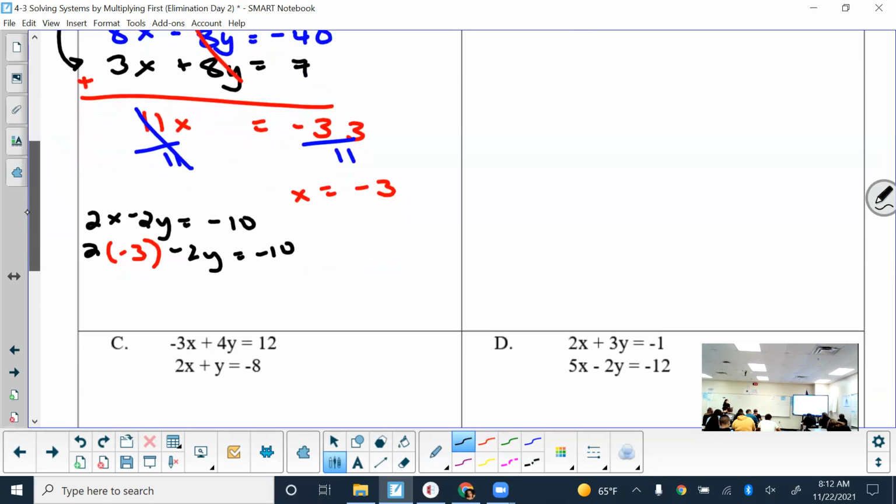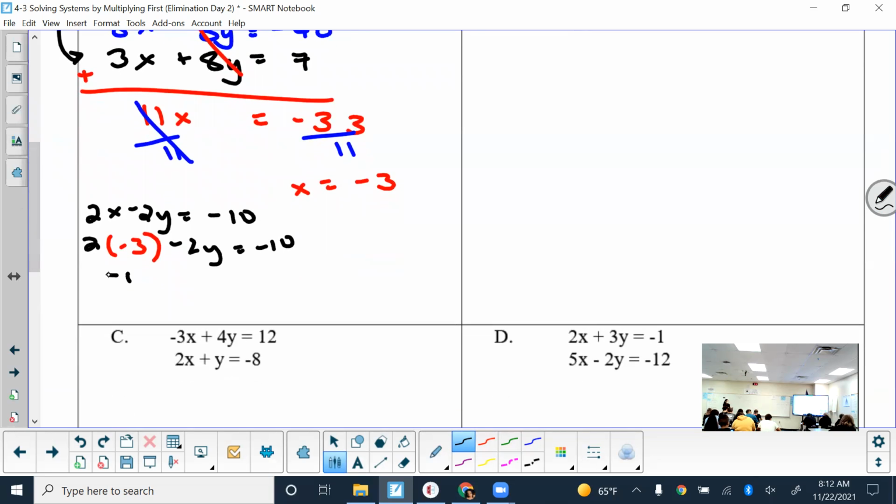So what's 2 times negative 3? Good, bring everything else down. And solving for y, you have to get rid of what's farther. So how do I cancel out this negative 6? Good. I get negative 2y equals what? And how do you get y by itself?